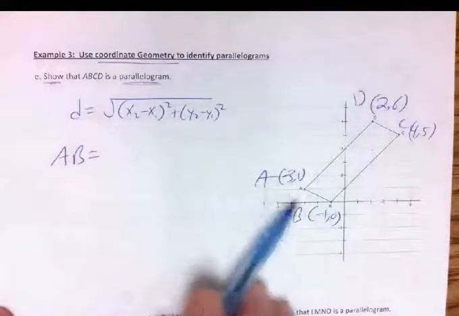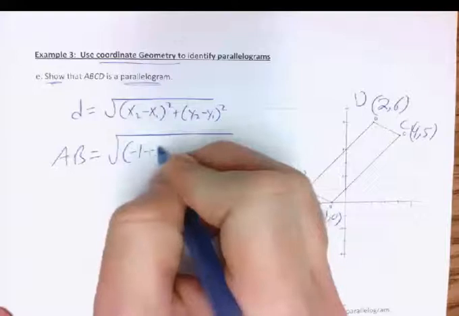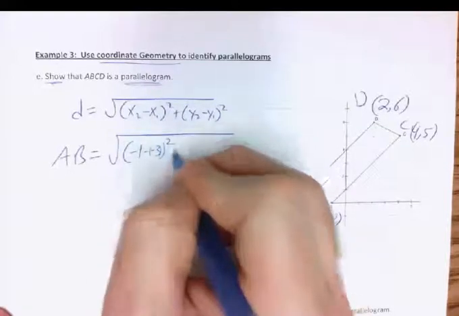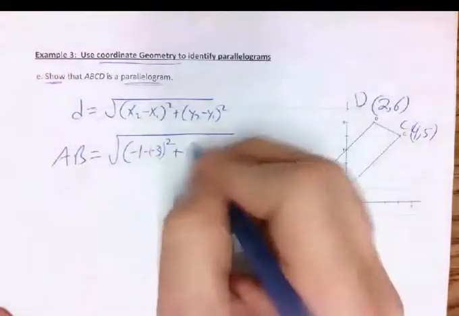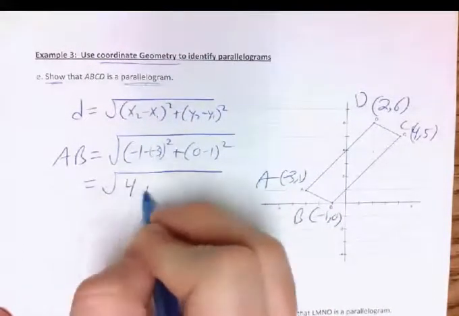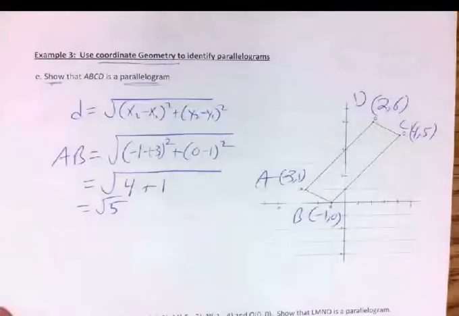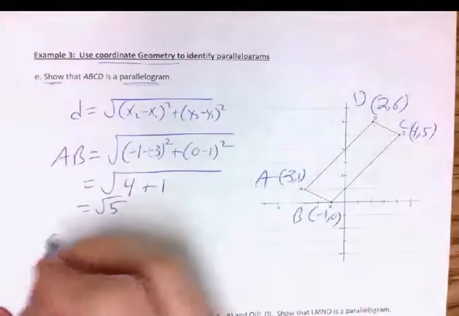All right, so AB. I'm going to do -1 minus -3 squared, and 0 minus 1 squared. So this is -1 plus 3, which is 2 squared, which is 4. -1 squared is 1, so I get the square root of 5 is AB. Let's compare that to CD.